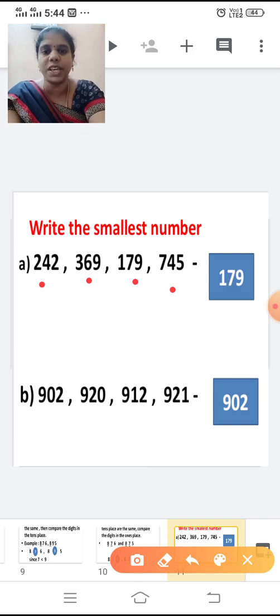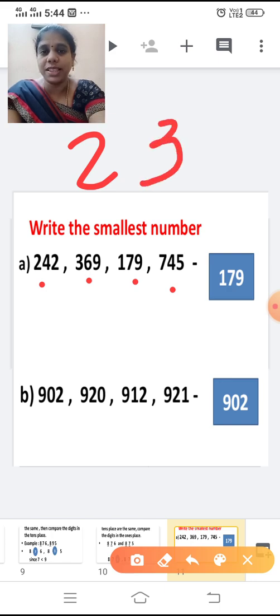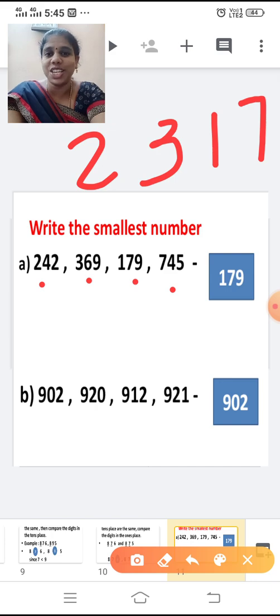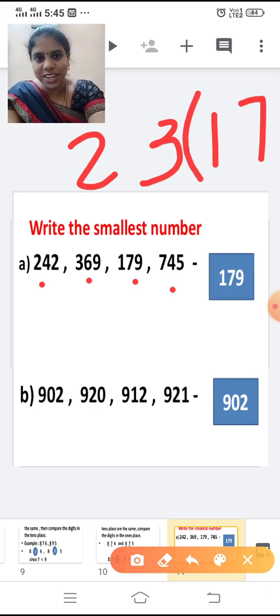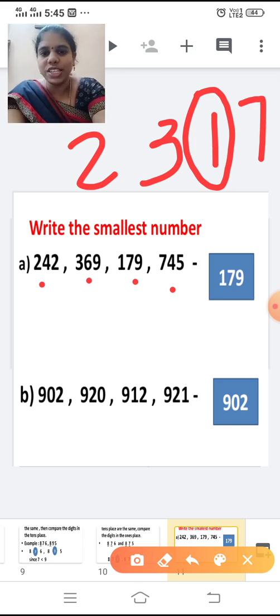See the hundreds place now. In the first number we have 2. In the second number we have 3 in the hundreds place, I'm saying. In the third number we have 1. And in the last number, 7. Now tell me which is the smallest out of these 4 digits. Yes, 1 is the smallest digit, right? So this one, 179 is the smallest number.